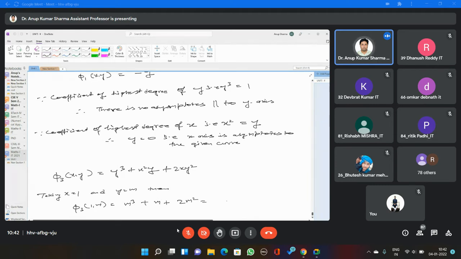So we can write here m cube plus 2m square plus m.